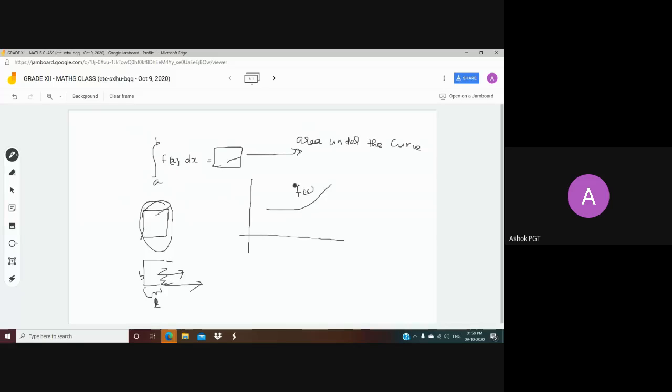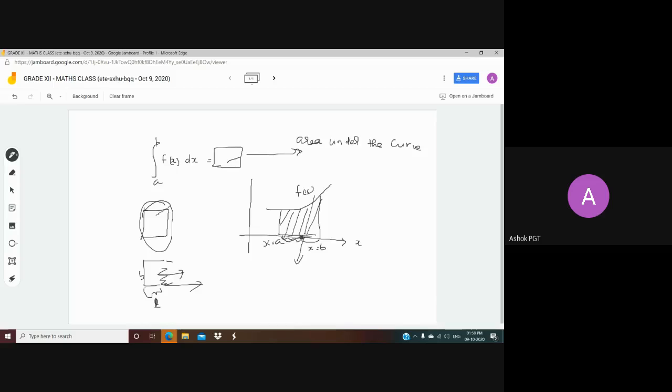Here, this curve f(x) acts as one boundary and another boundary is x is equal to a. Another boundary is x is equal to b. And this x-axis, this part is closed. We are going to calculate the area under the curve.